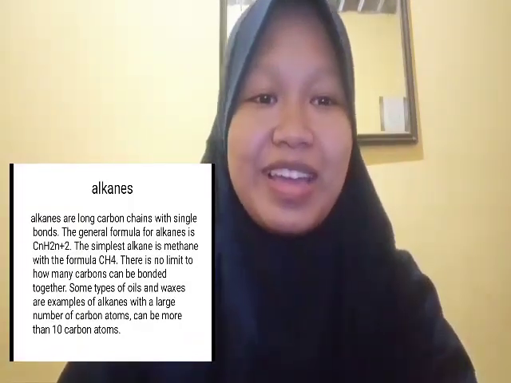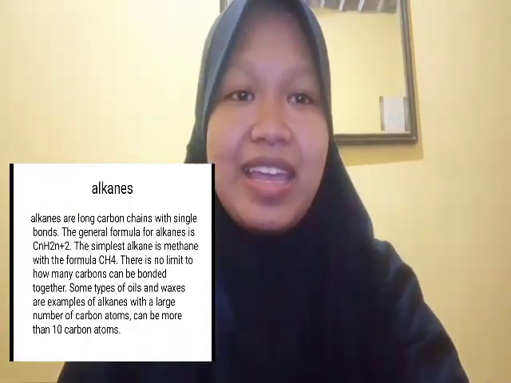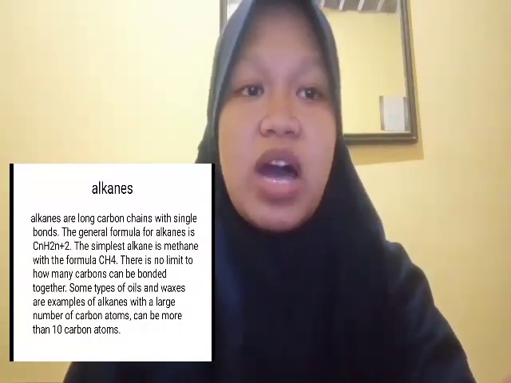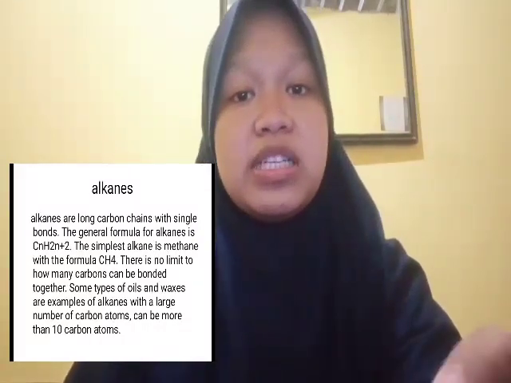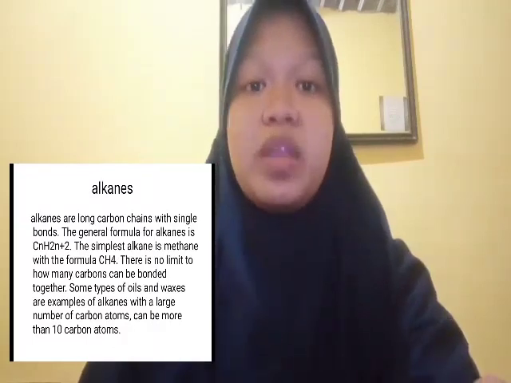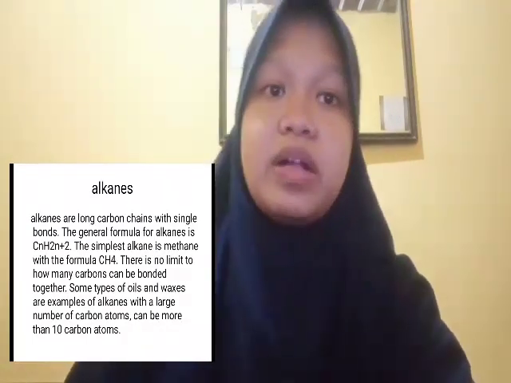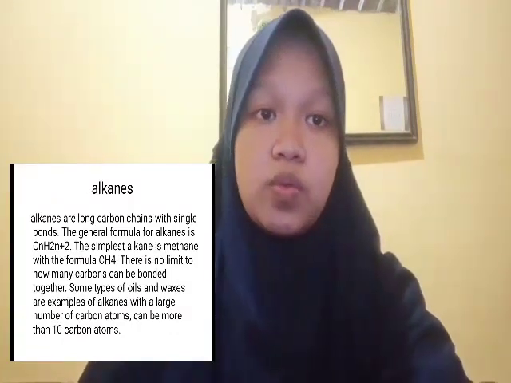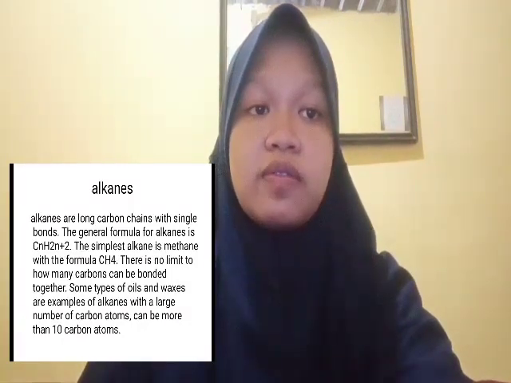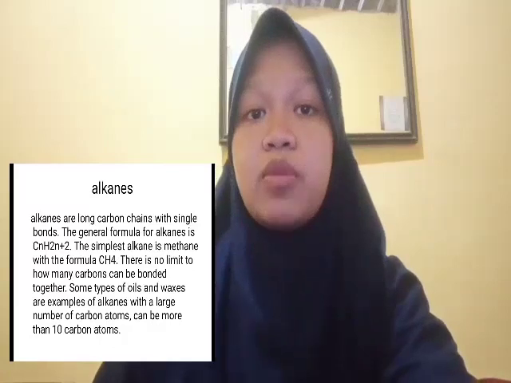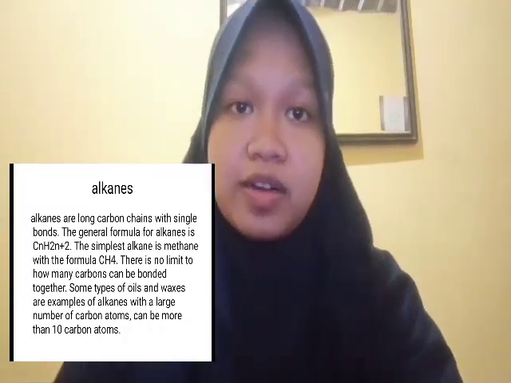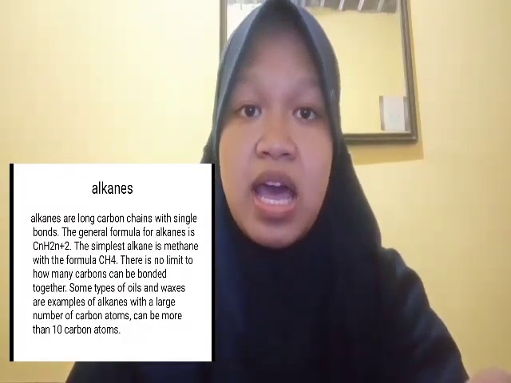There is no limit to how many carbons can be bonded together. Some types of oils and wax are examples of alkanes with a large number of carbon atoms, which can be more than 10 carbon atoms.